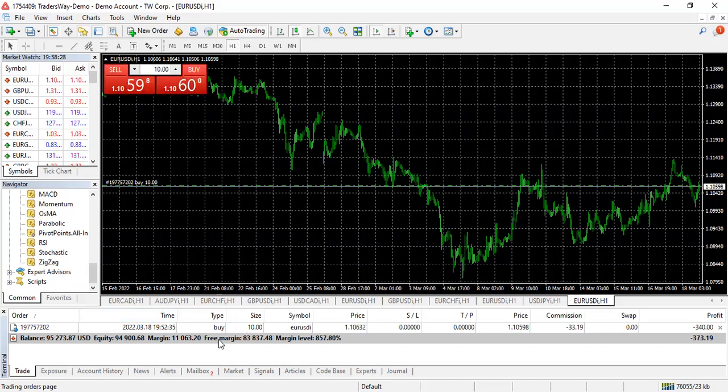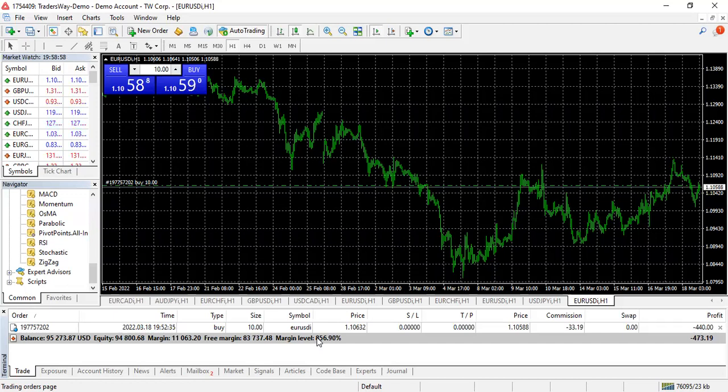And our free margin is the amount that is available to open a new position. And we've tried it. When your free margin is exhausted, you will not be allowed to open any position anymore. And our margin level is calculated as a percentage. It is the value based on the amount of equity versus margin.